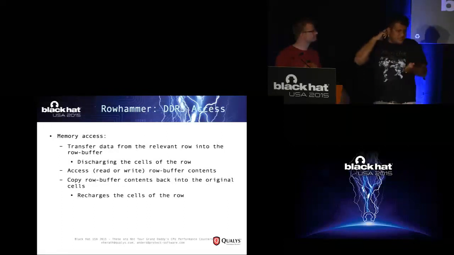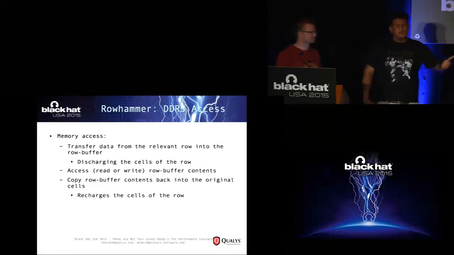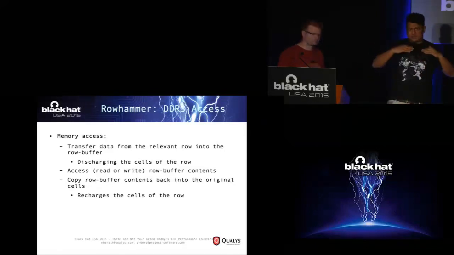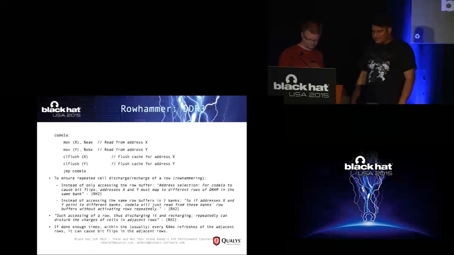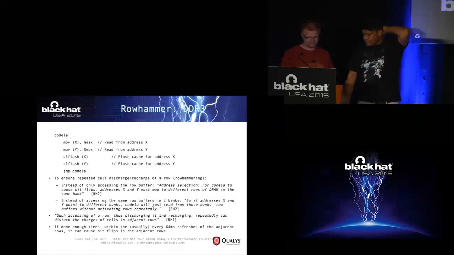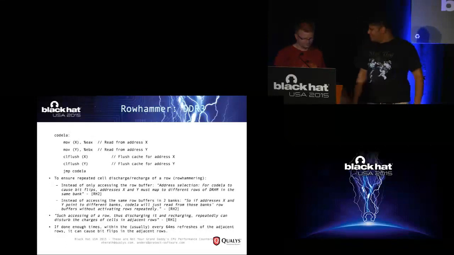Since the charge doesn't stay forever, at every refresh interval the memory controller will refresh the contents to make sure that the content remains consistent. This is the code that they published to trigger rowhammer, and I probably wouldn't go into that.